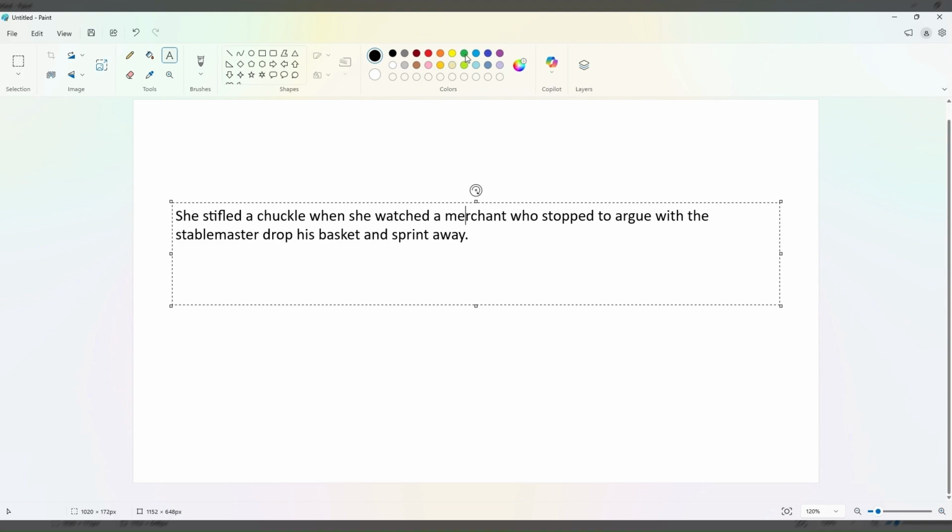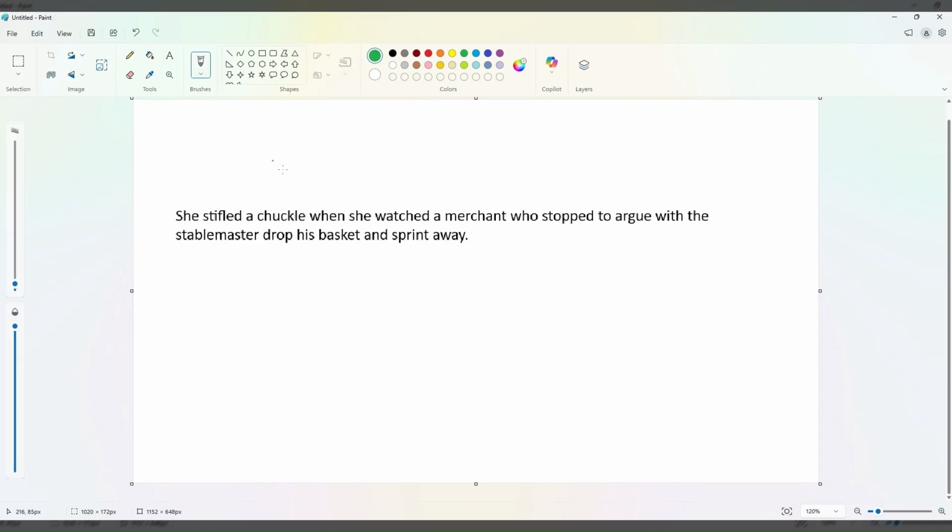because we have a subject of a verb, merchant, who is really far away from the verb, because we have this clause that's essentially interrupting the sentence.